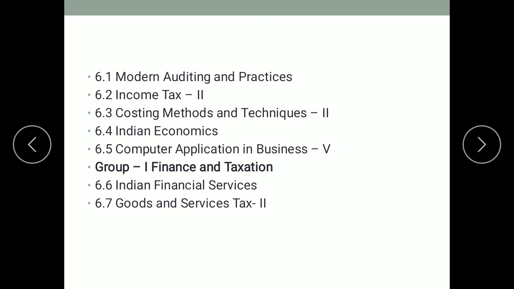Operating costing is like, for buses, what will be the charge for one particular ticket, or for hospital beds, what will be the cost of one bed, or what will be the rent for a room in a hotel. All those types of cost will be found out under operating costing. You have process costing and contract costing, and different other costing methods and techniques we will be dealing with here. So overall, it is all about how we calculate the cost.